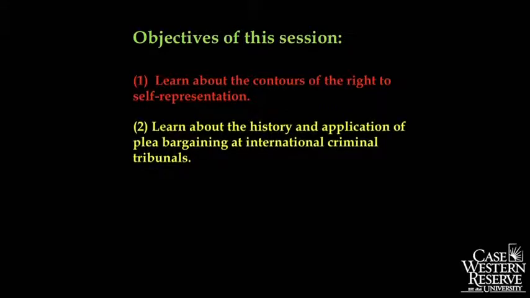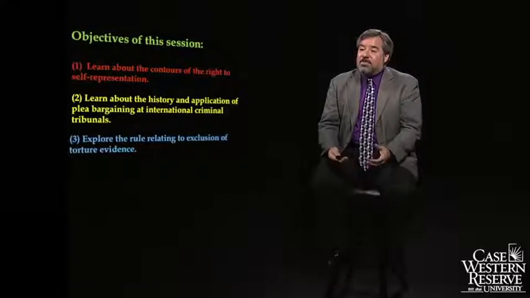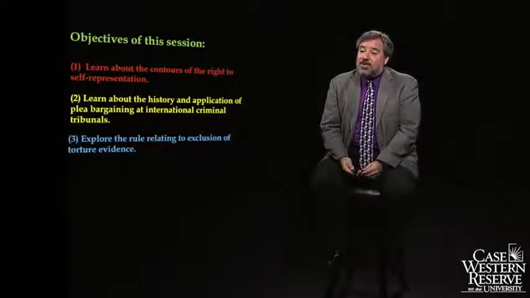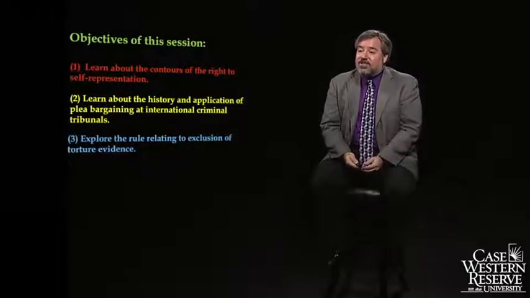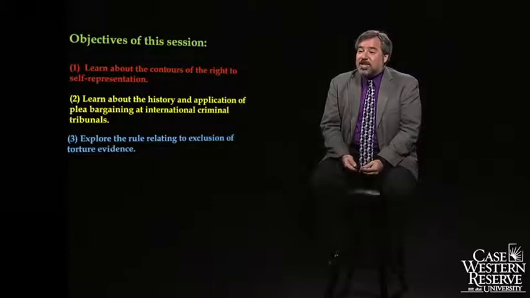Next, we'll learn about the history and application of plea bargaining to international criminal tribunals and the differences between its application in the international sphere and domestically. And finally, we'll explore the rule relating to the exclusion of torture evidence, the exclusionary rule that applies in international trials. We're going to be using the simulation that was in the assigned readings and which you all have been wrestling with in the days leading up to this session.